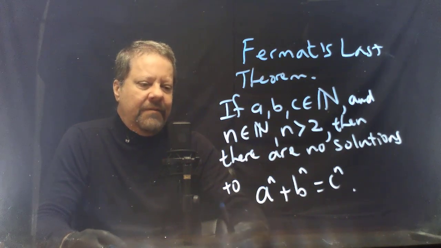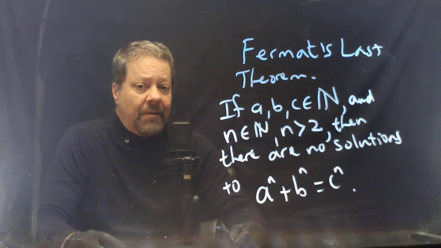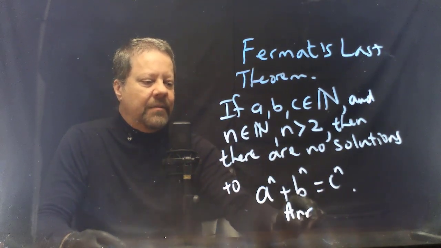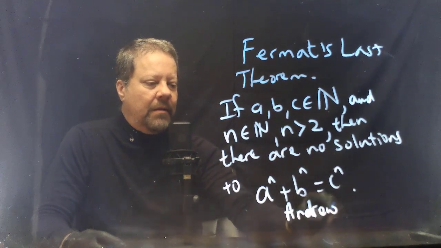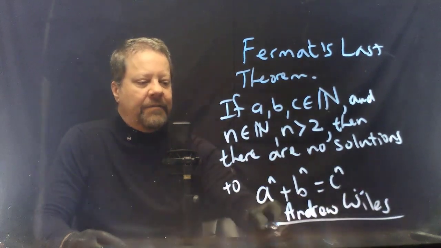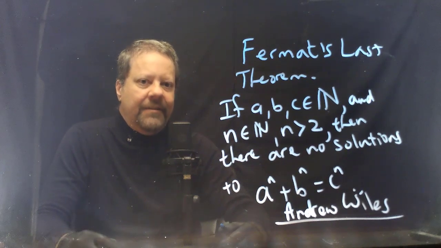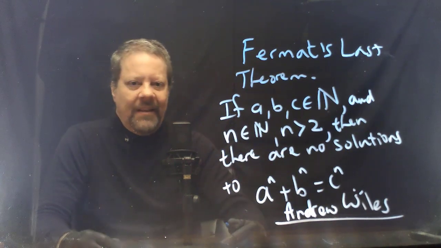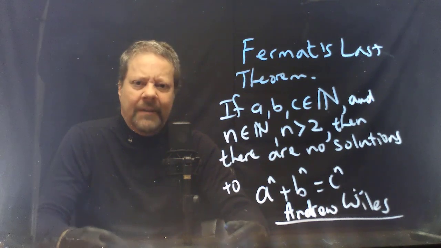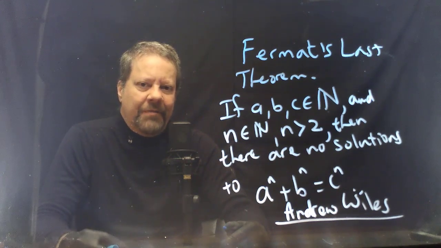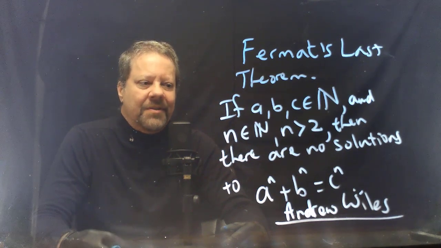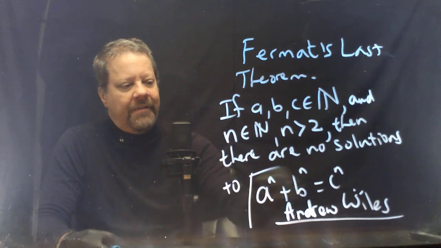People searched for a proof to this for a very long time, about 200 years, before Andrew Wiles finally came up with a massive proof. It took him several hundred pages. And even then, when he first presented his proof, there were some small holes yet to be filled, and he worked very diligently and finally overcame those struggles, able to prove Fermat's last theorem.